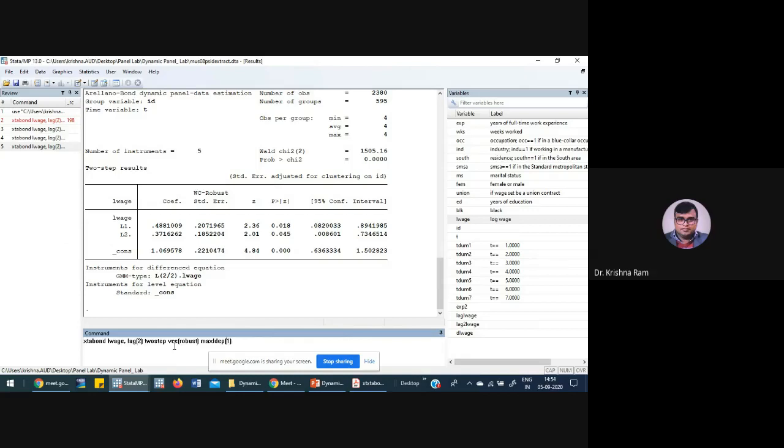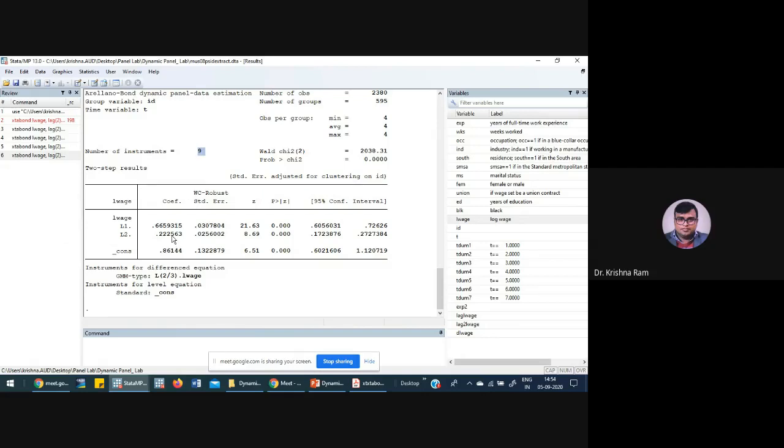If we restrict ourselves to 2, so maximum lags of dependent variable is 2, that means you are letting Stata use up to 2 instrument variables for each time period. If you do that, the number of instruments becomes 9. So 2 for each period, that is 8, and 1 intercept.